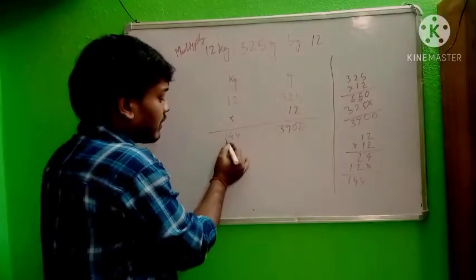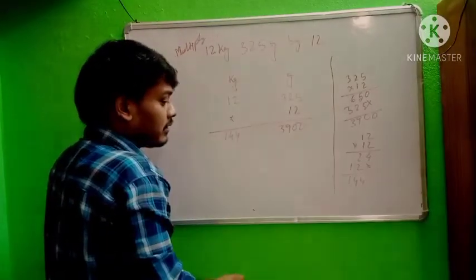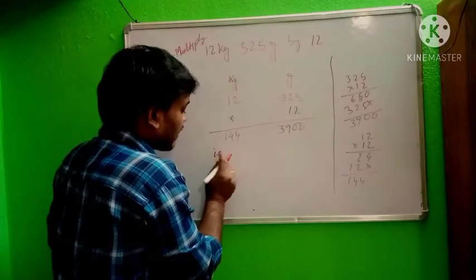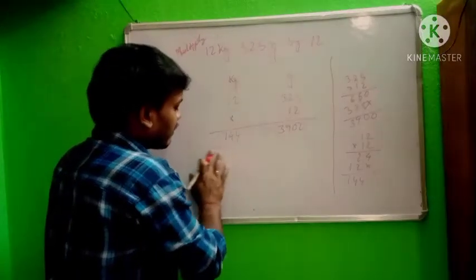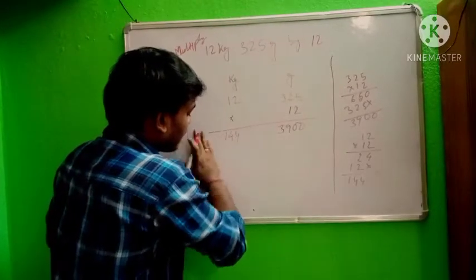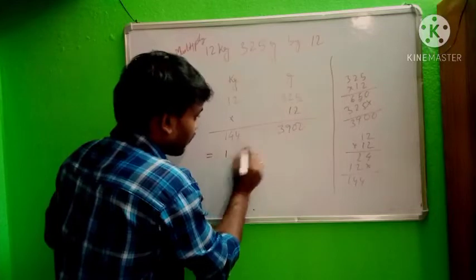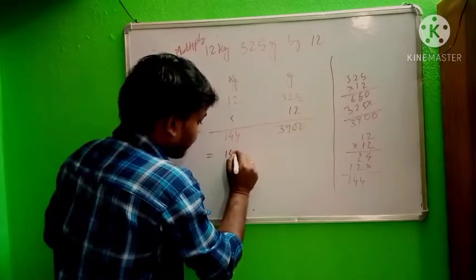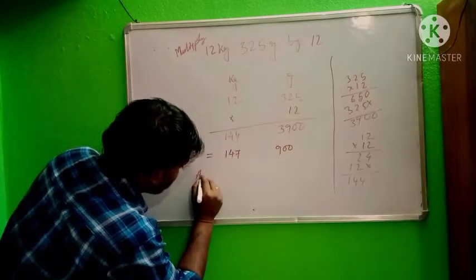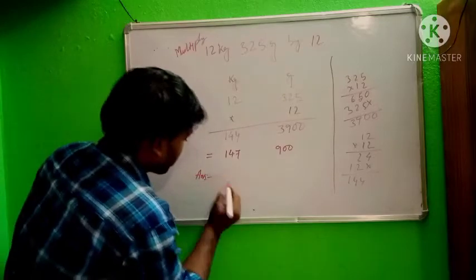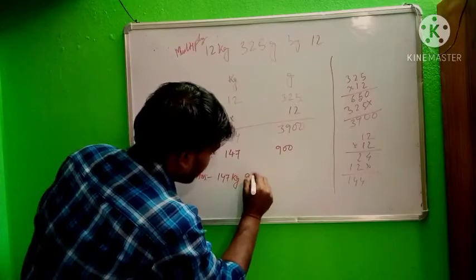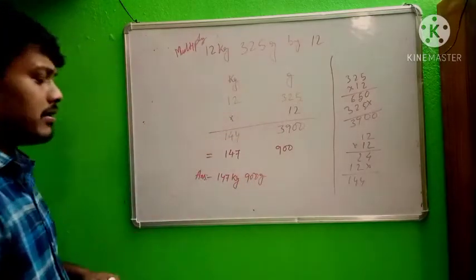So the value of kg is 144 plus 3, that is equal to 147, and here 900. So what is the answer? Answer: 147 kg 900 gram. Okay, this is the first way.